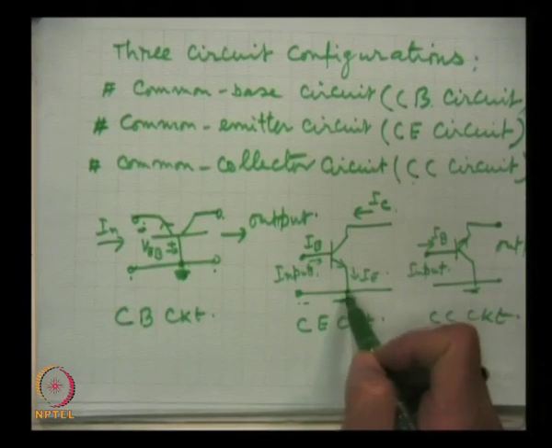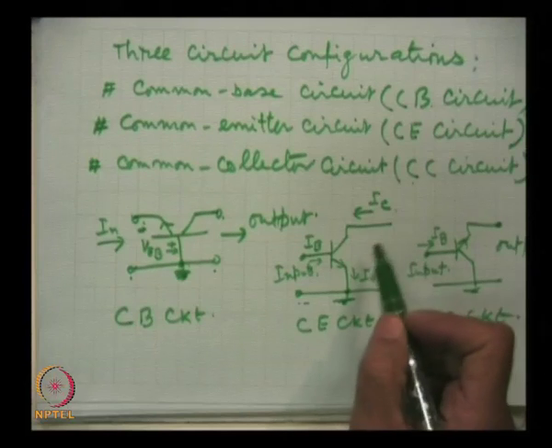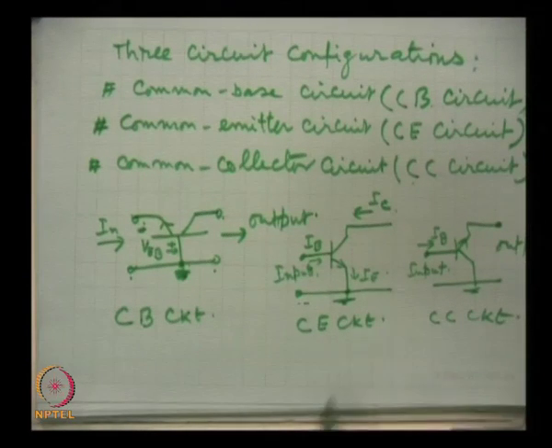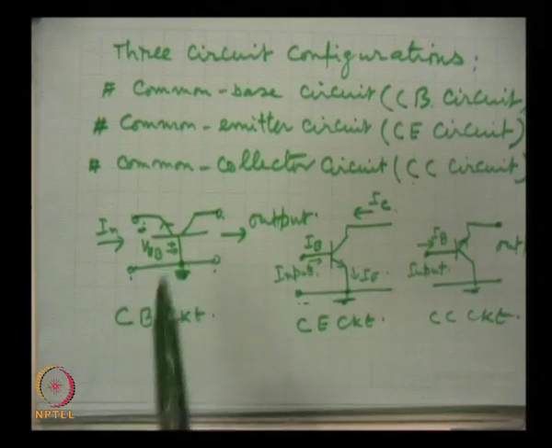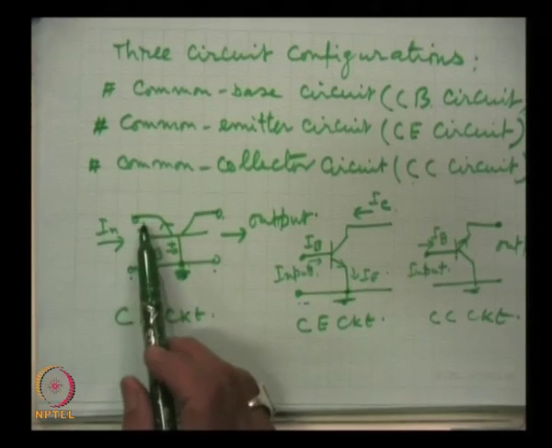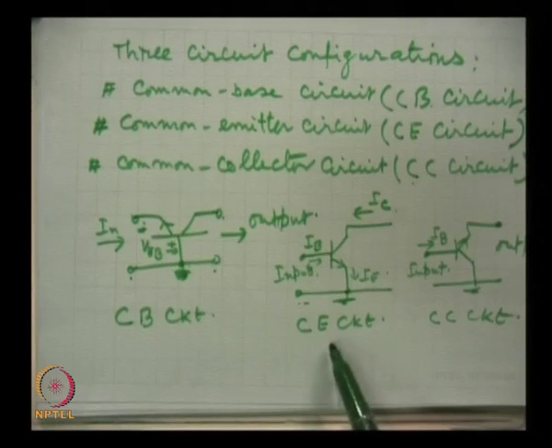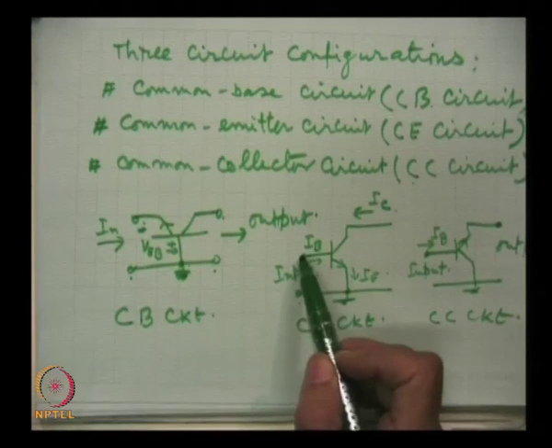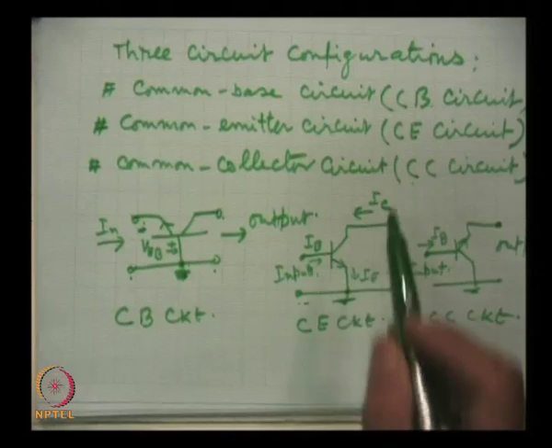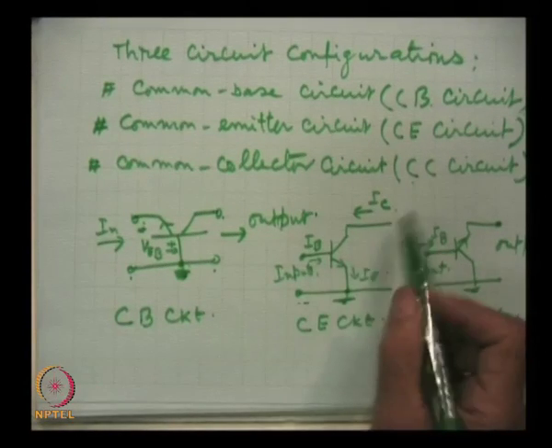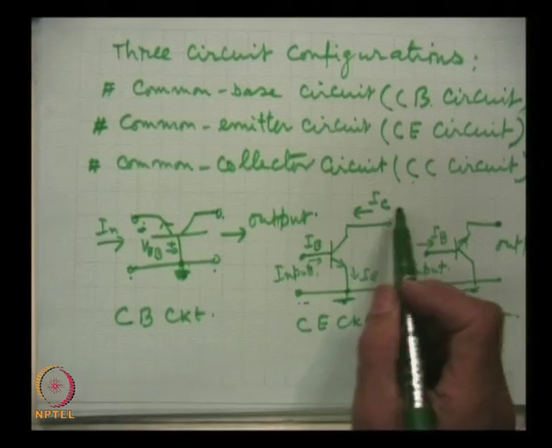This emitter terminal here is grounded. So, this will be the common emitter circuit. In common base circuit, input is given at emitter and collected from collector. In common emitter circuit, input is connected to the base, input is the base current and output is the collector.